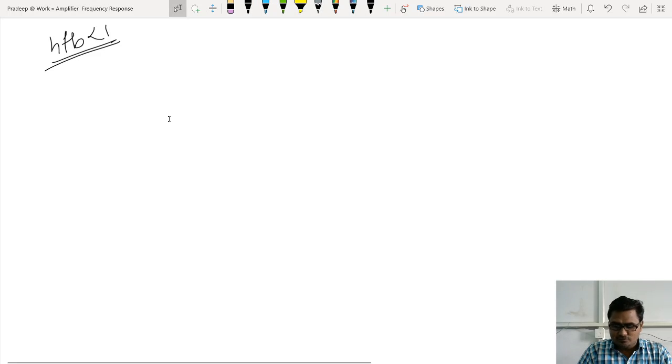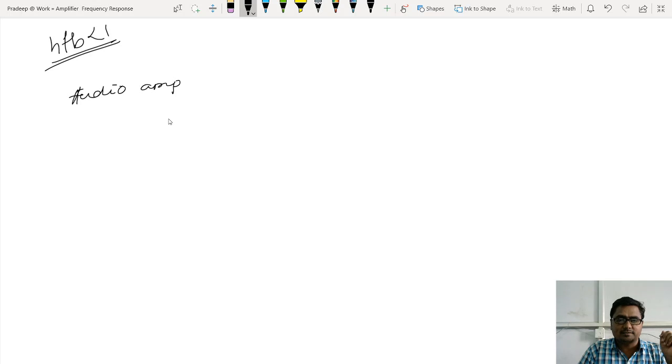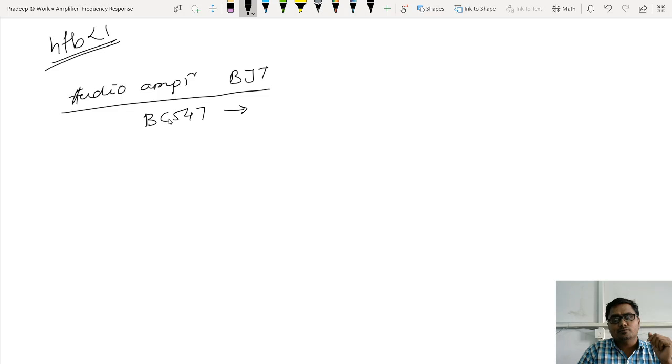Just assume that you are designing an audio amplifier. Assume that it is simply a BJT based audio amplifier, and you're using a transistor called BC547, and that transistor having HFE is equal to 300.